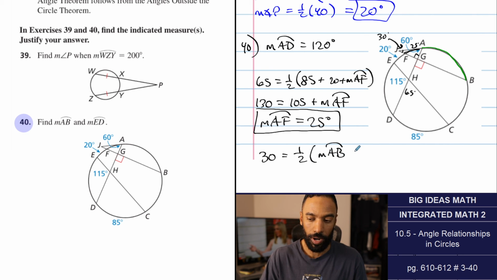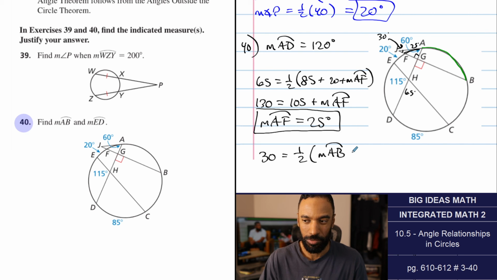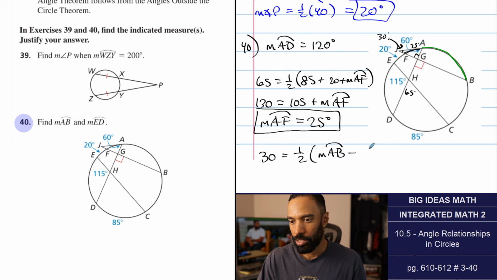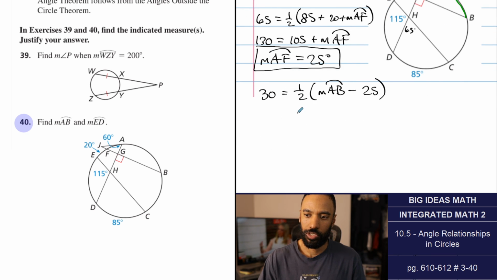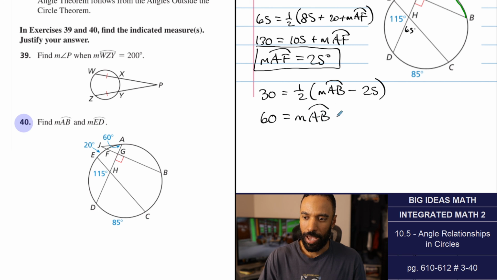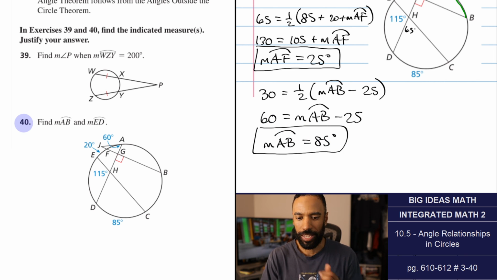Sorry if you can't tell what I wrote. I'm trying to say it out loud, but the diagram is very small to point at and has a lot of information. So let's double that and we get 60 is measure of arc AB minus 25. So measure of arc AB is going to be 85 degrees. That should be measure of arc AB.